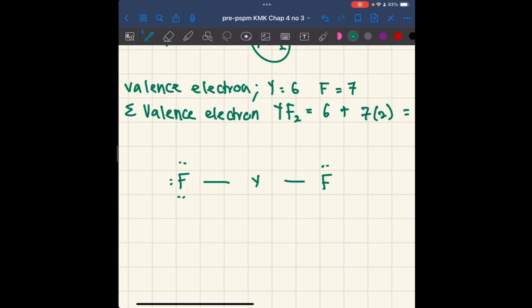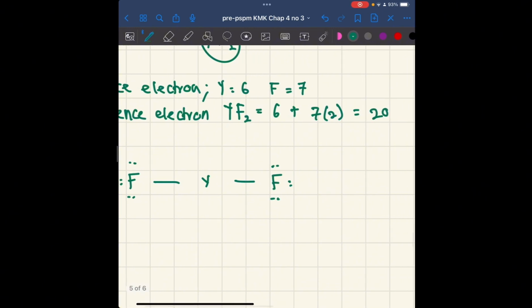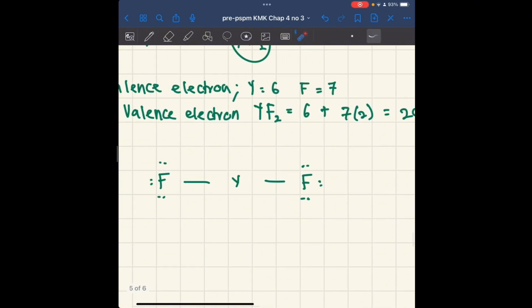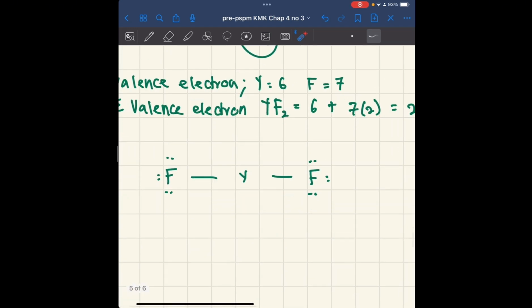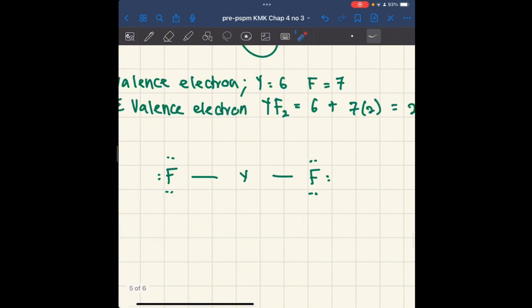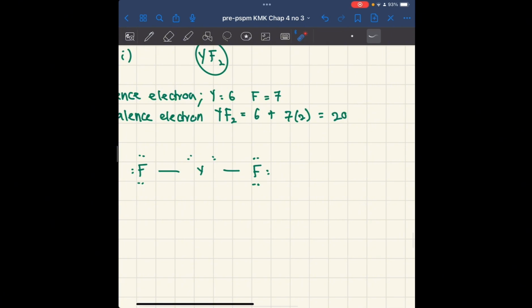We have to make the terminal atoms have the octet number of electrons, 2, 4, 6, 8 and then 2, 4, 6, 8, and now 8 plus 8 is equal to 16. So the total valence electron in this compound must be 20. So 20 minus 16, we have 4 left. So another 4 electrons go at the central atom, which you can put here, or you can just put it here and here, but I want to put it here.